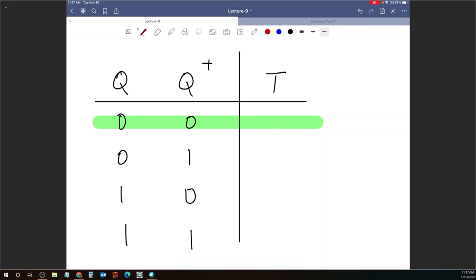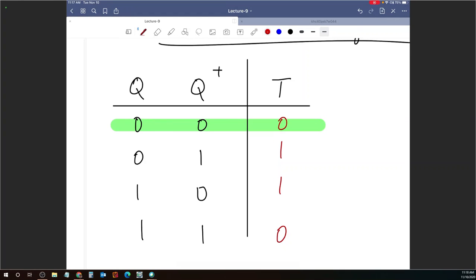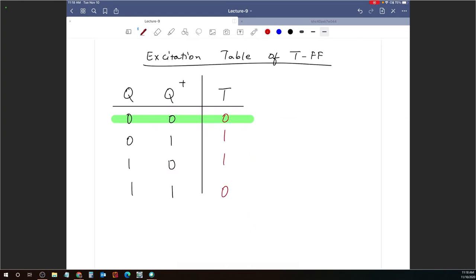All right, that's a perfect answer. An easier way of thinking about this is: don't toggle, toggle, toggle, don't toggle, right? So 0, 1, 1, 0. That's your excitation table of the T flip-flop.